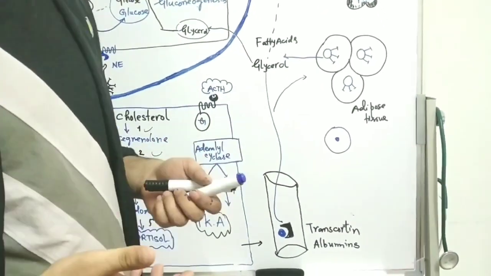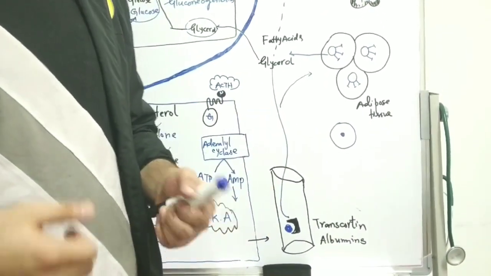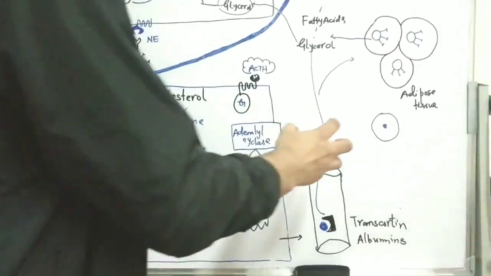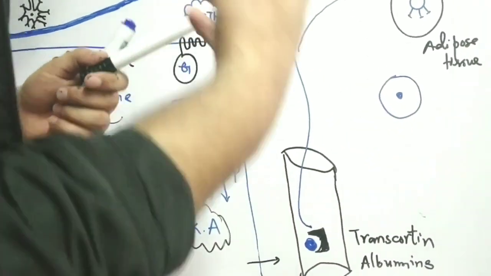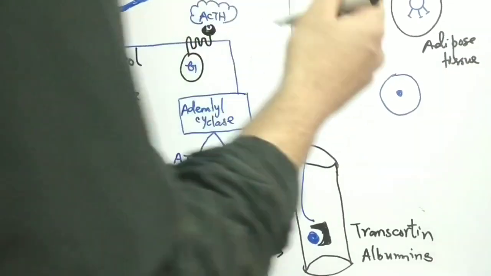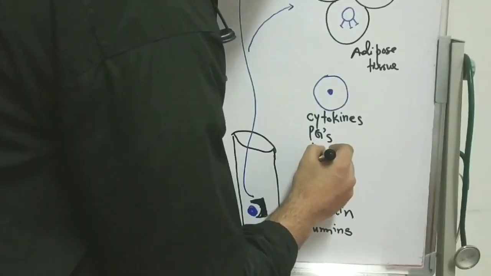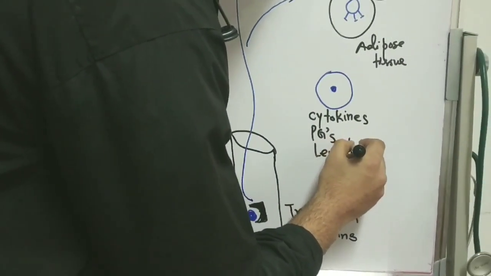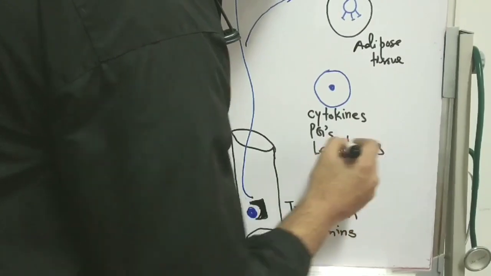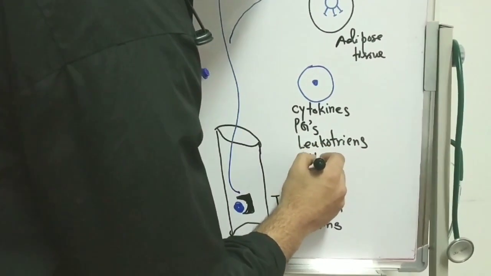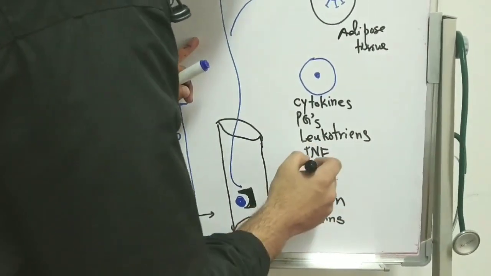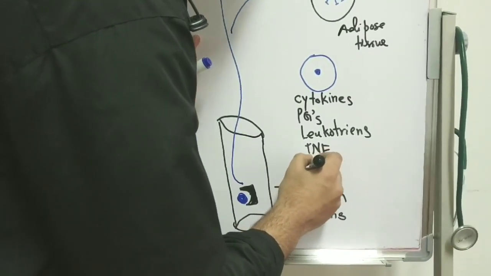Whenever there is any infection, whether it's a bacterial infection or viral infection, these immune cells secrete some inflammatory mediators like cytokines, prostaglandins, or leukotrienes, TNF, tumor necrosis factor, and also histamine.